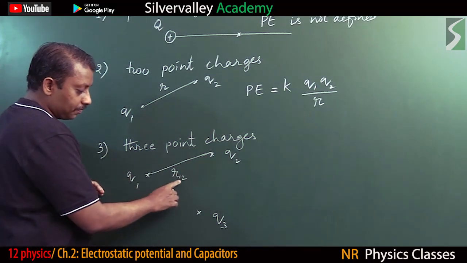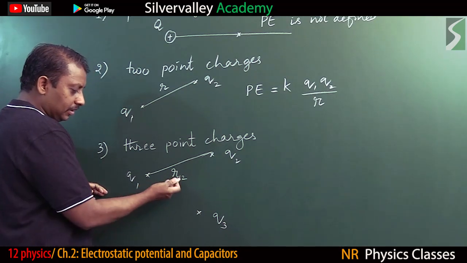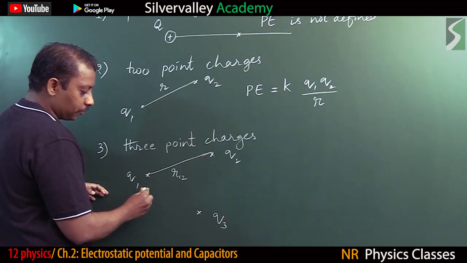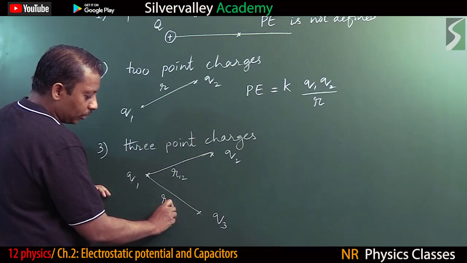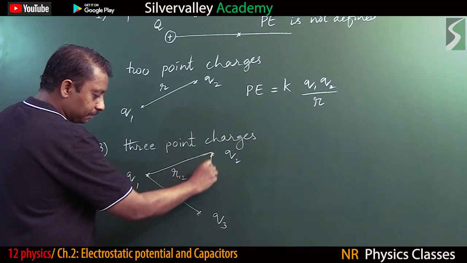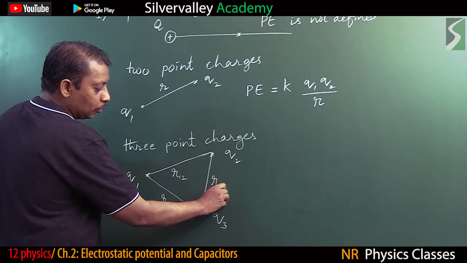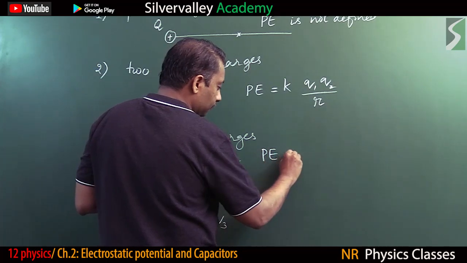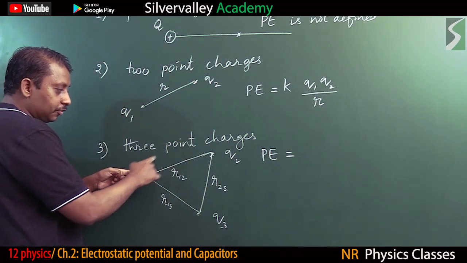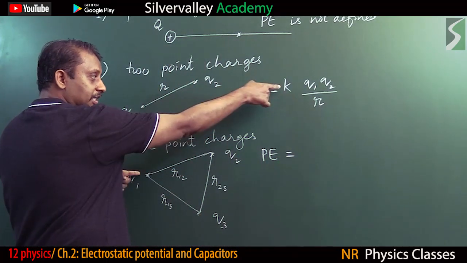Don't get confused with the notation; it says the distance between Q1 and Q2. The distance between Q1 and Q3 is R13, and between these two is R23. So the potential energy equals the potential energy due to these two charges according to this expression.